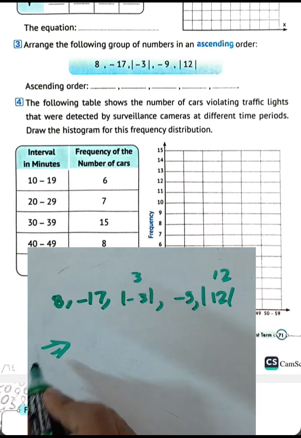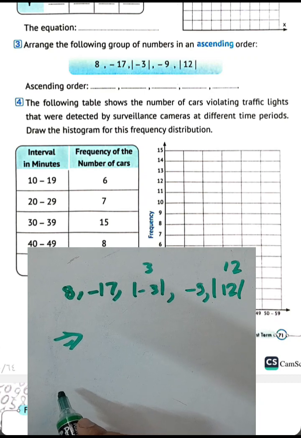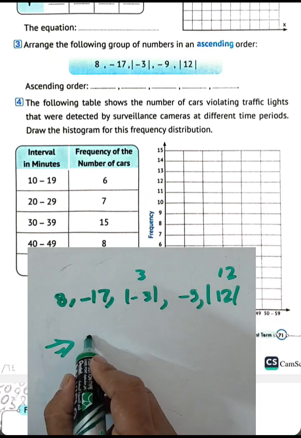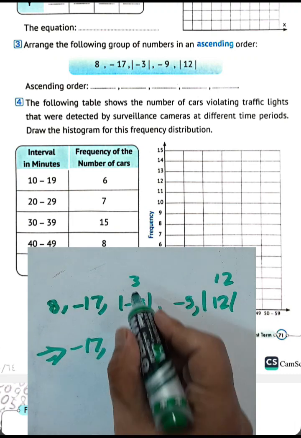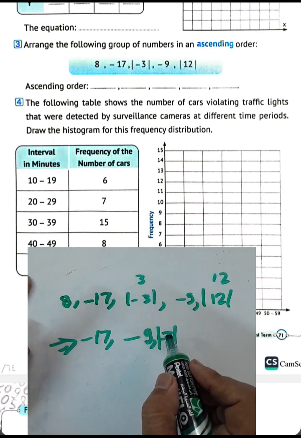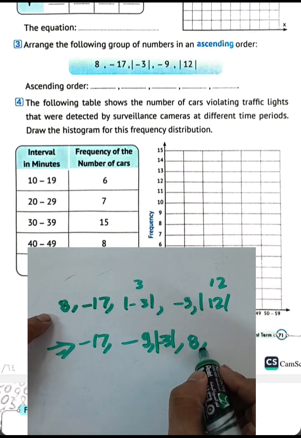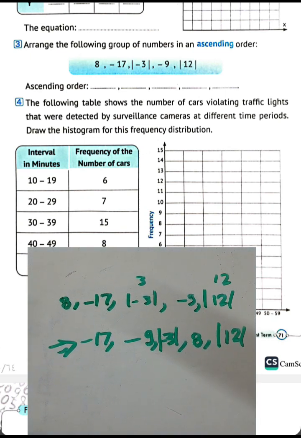Then the order from left-hand side to right-hand side: who can tell me the smallest number? It will be negative 17, then negative 9, then absolute value of negative 3, then 8, and the last one, absolute value of 12. That's the order.